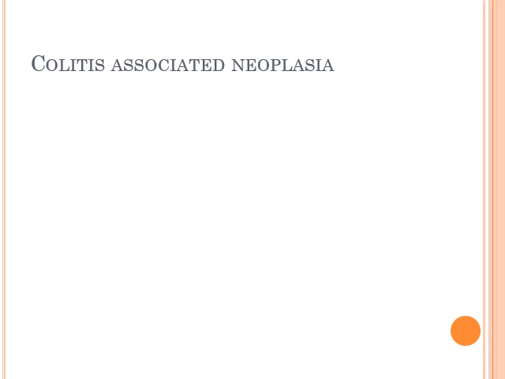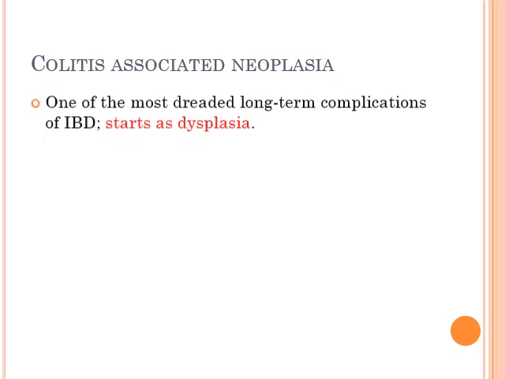Then comes colitis associated neoplasia. One of the most dreaded long-term complications of IBD, it starts as dysplasia and ultimately leads to neoplasia. Now, when are the risks greater? There are some particular criteria where the risks are greater.